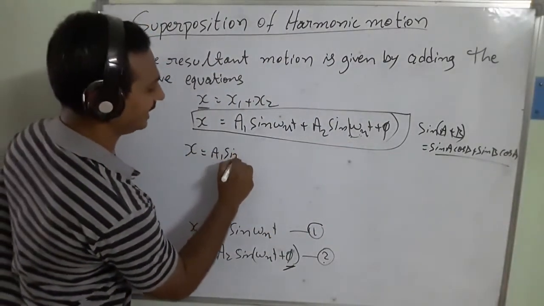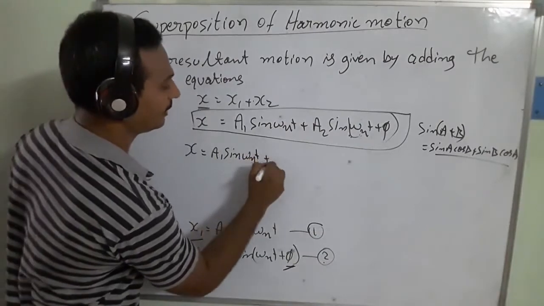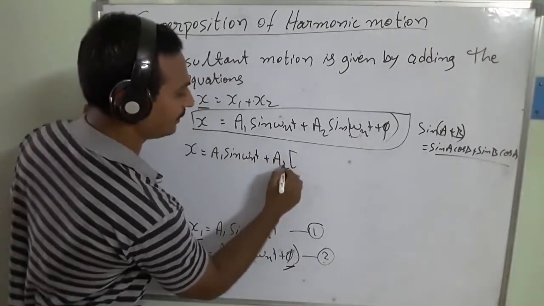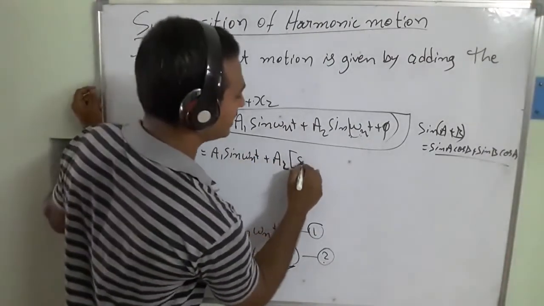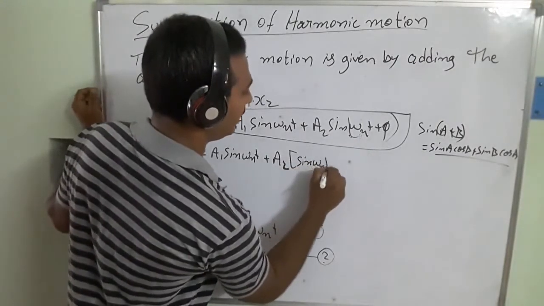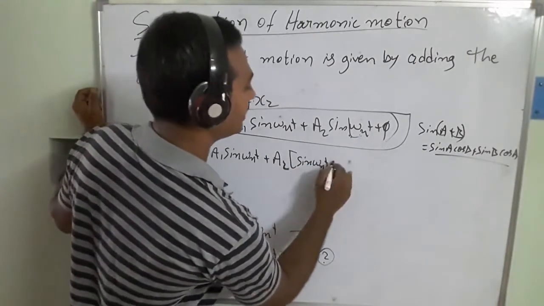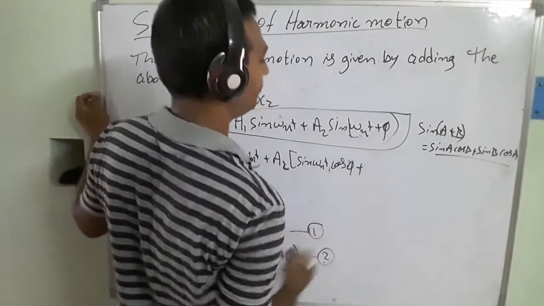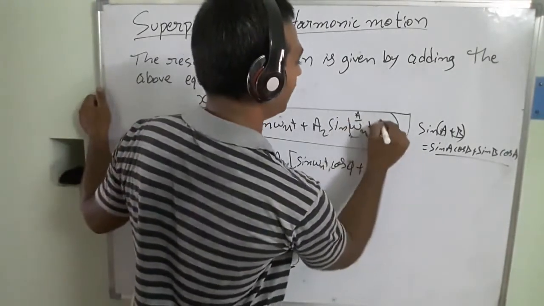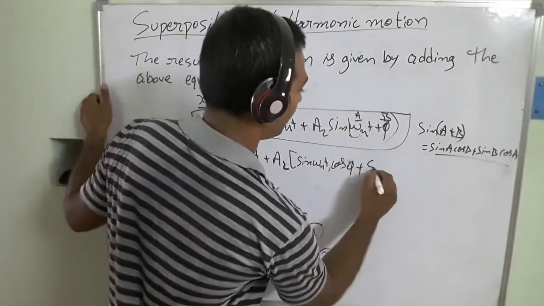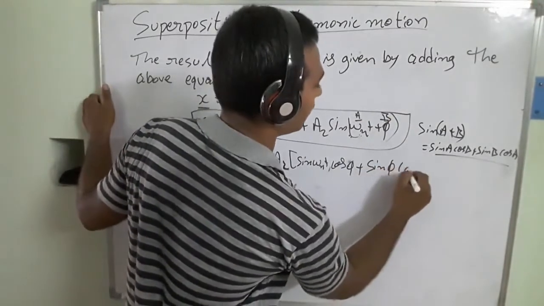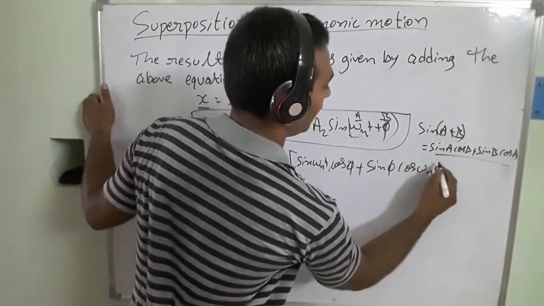A1 sin ωnt plus A2, that we are keeping in the bracket, that's going to be sin(ωnt) cos π plus, this is going to be the A part and this is going to be the B part. Then what happened? sin π cos ωnt.